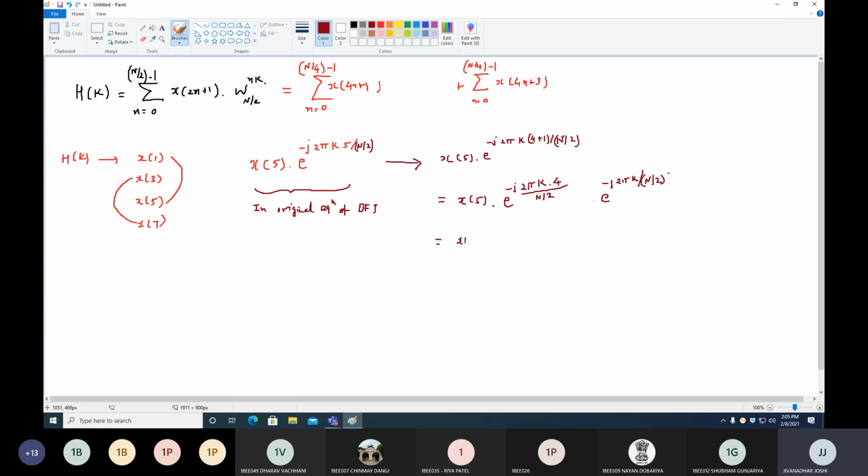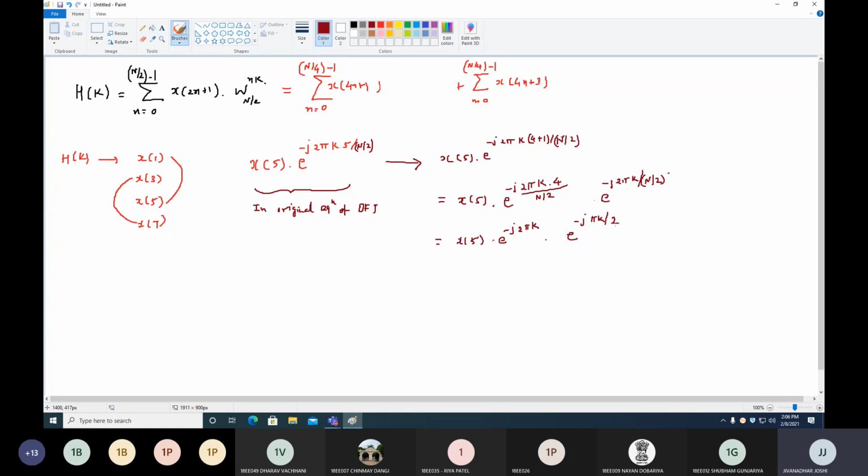Now n is 8, so in the denominator I have 4. The 4 gets cancelled, so it is e raised to minus j 2 pi k. Is it correct? 8 by 2 is 4, 4 is cancelled, so what remains is e raised to j 2 pi k. Similarly here I have e raised to minus j pi k by 2, where n is 8 and 8 by 2 is 4.